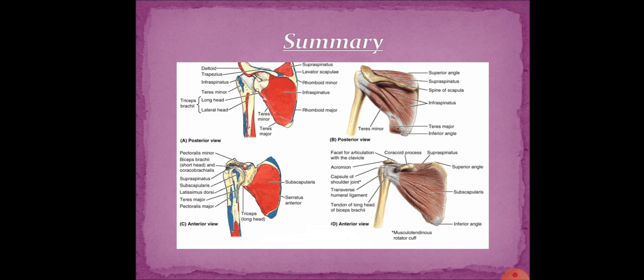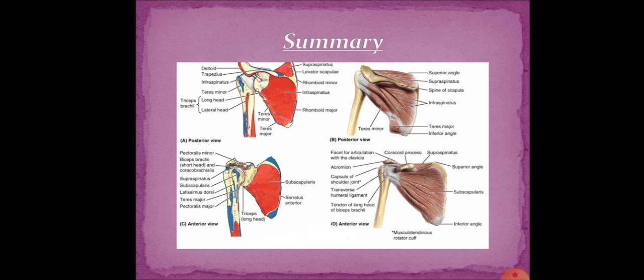Let's see what they have in common. Supraspinatus, infraspinatus, teres minor are inserted into the greater tuberosity. Subscapularis is inserted into the lesser tuberosity. Nerve supply: supraspinatus and infraspinatus are supplied by the suprascapular nerve.